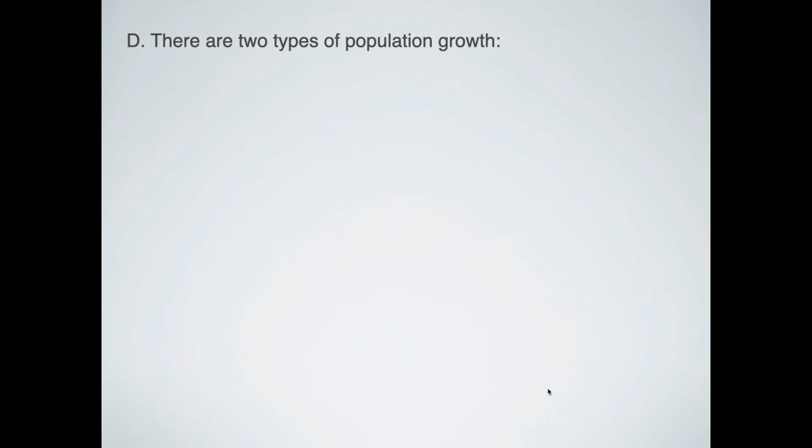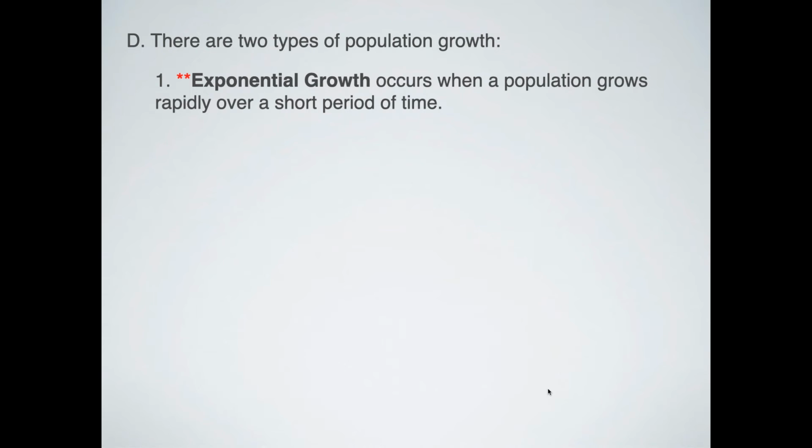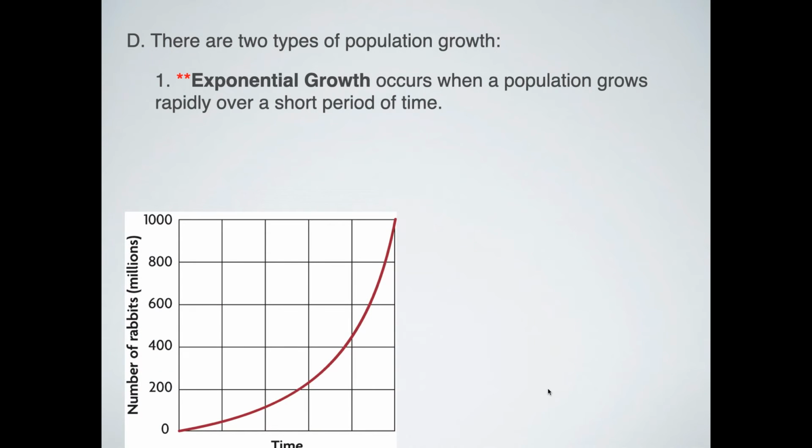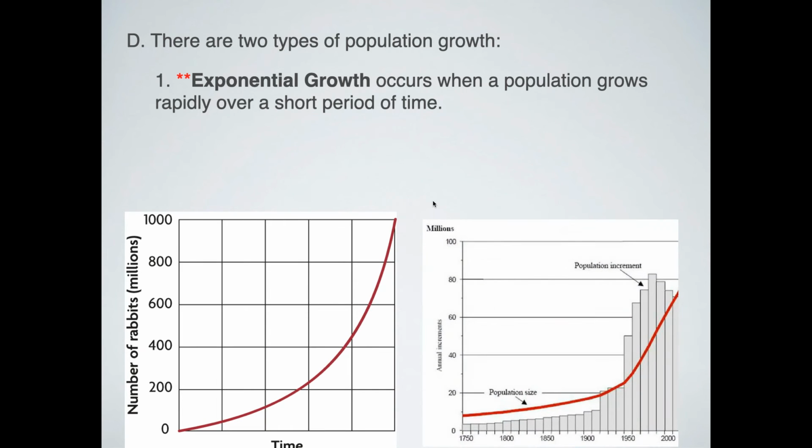Now, there are 2 general shapes of population growth. We have exponential growth, where we have population growth that occurs extremely rapidly for a short period of time, something like this. The number of rabbits reproducing, so this is an exponential growth curve. Humans, this is human population. So you can see that it's kind of going up like this.